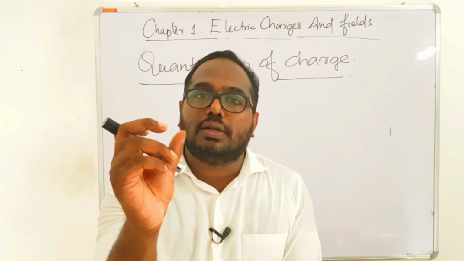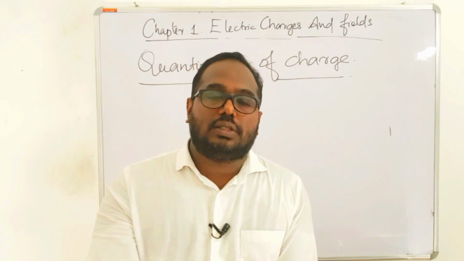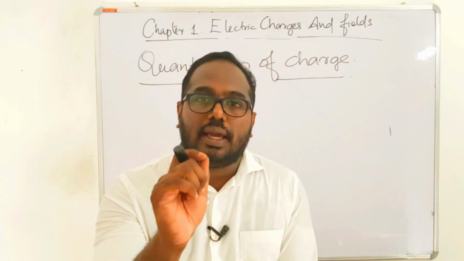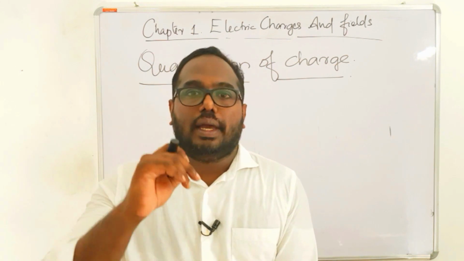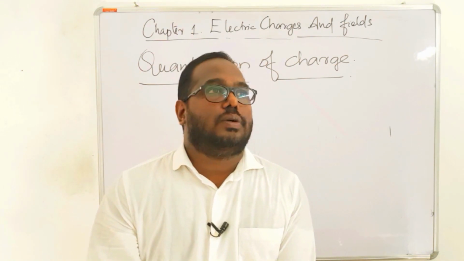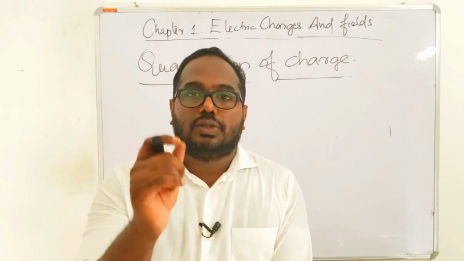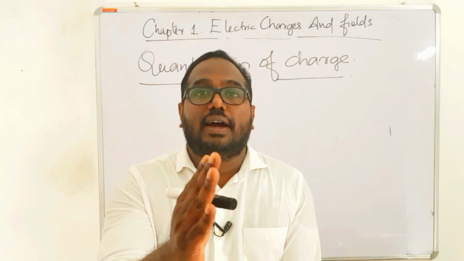That is the smallest possible charge. All charge on a body can exist only in integer multiple of that charge. That means it is quantized, that value is fixed, okay? So that elementary charge, we can't divide.